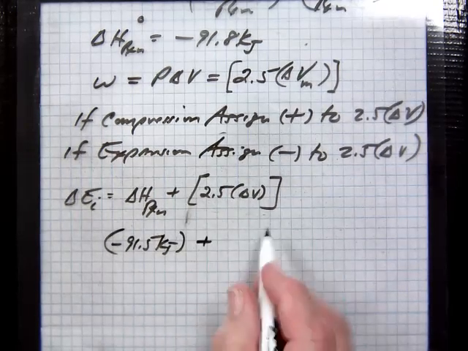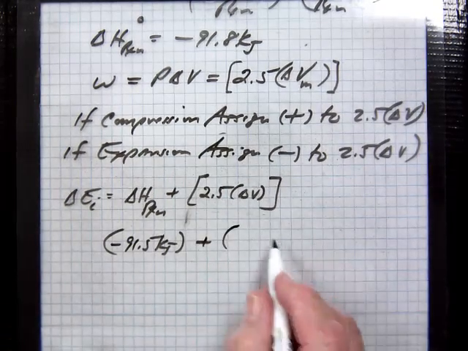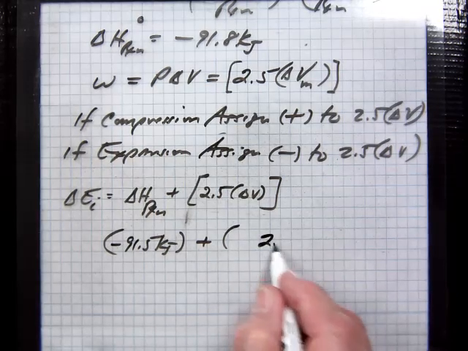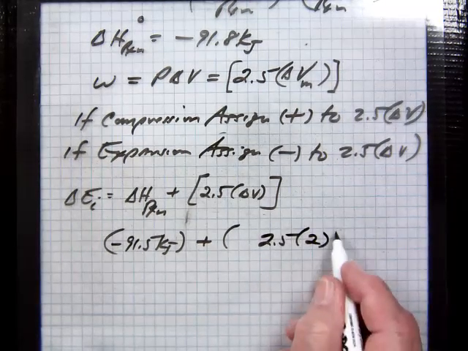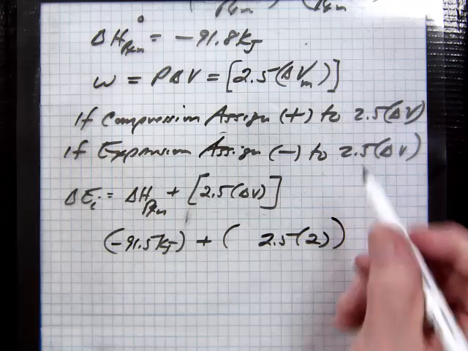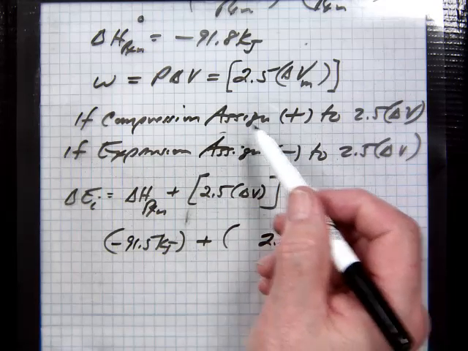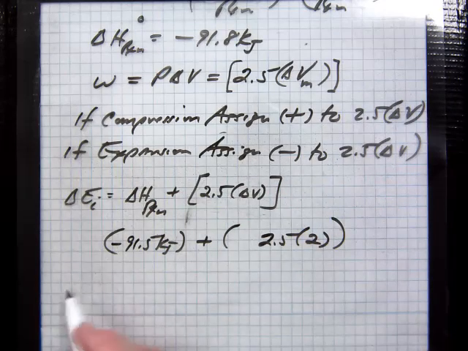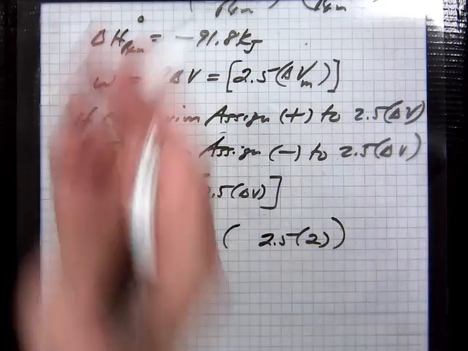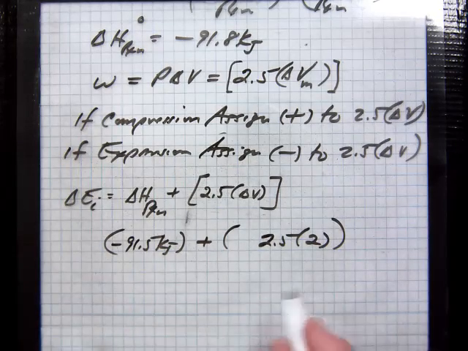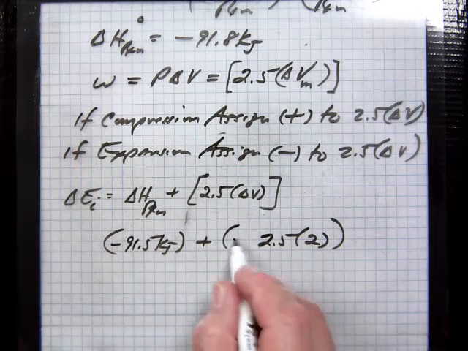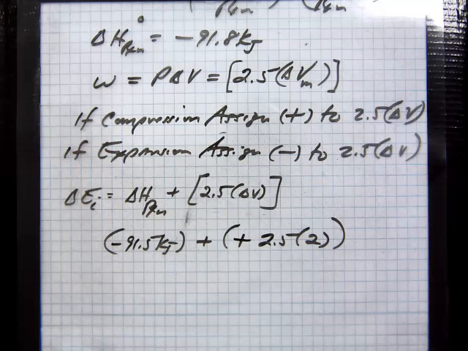Then we're going to add to that, and I'll leave a little space in here, 2.5 times 2. Now, if it's a compression reaction, which it is, because you are going from 4 molar volumes to 2 molar volumes, it's going to be an endothermic work factor. So you put a plus in there. That's what I'm trying to tell you.